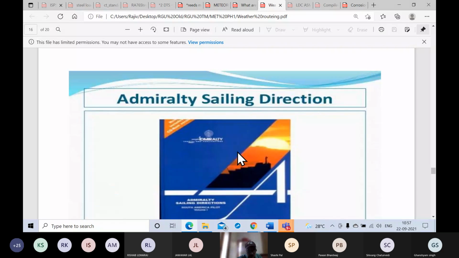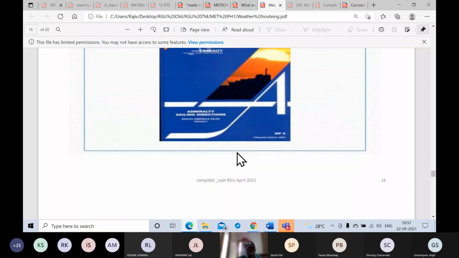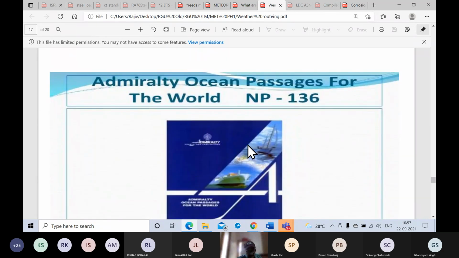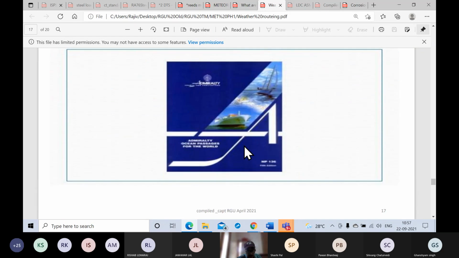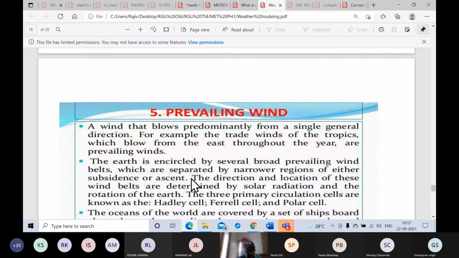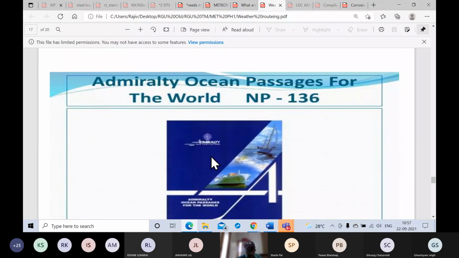A very useful book, and now of course available in soft copy or maybe on your ECDIS also: Sailing Directions, the Admiralty Sailing Directions, ASD. This is also used for ocean passages, NP 136, Ocean Passages.